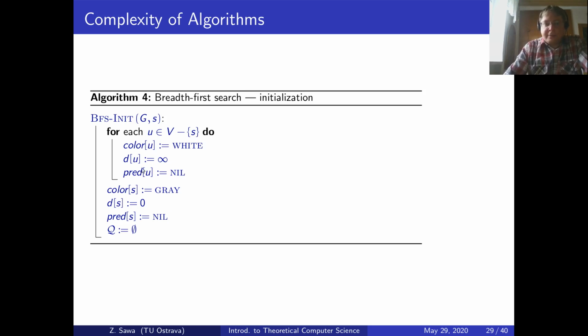And this means predecessor. This will be information that will allow us to reconstruct, for the given node, the shortest path from S. For a given node u, it will represent the node that is on the shortest path from S, the last node before node u.